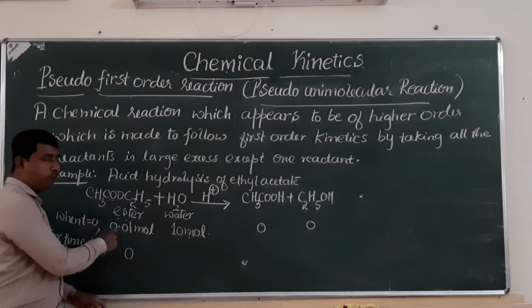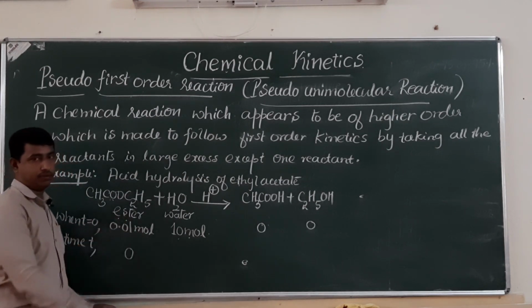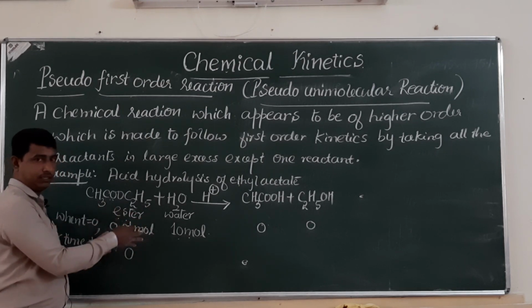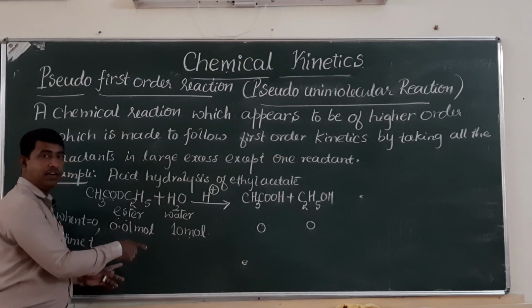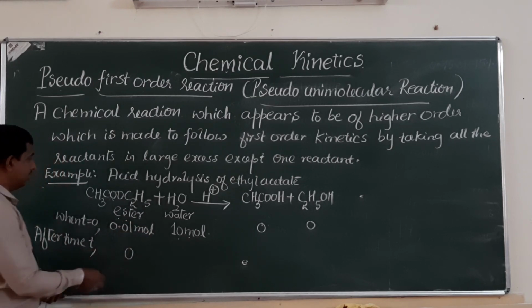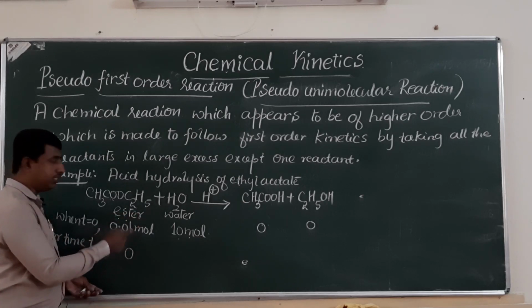Out of 0.01 moles, the whole 0.01 mole will react, because it is already present in lesser quantity. So all the amount present in the beginning will react. Understood? Number of moles left out is 0, so the reacted ester amount is equal to 0.01.